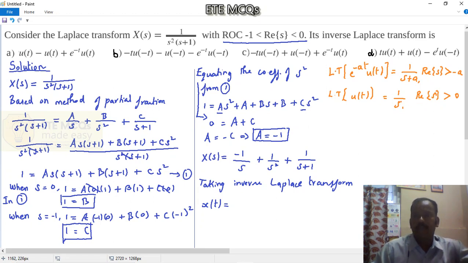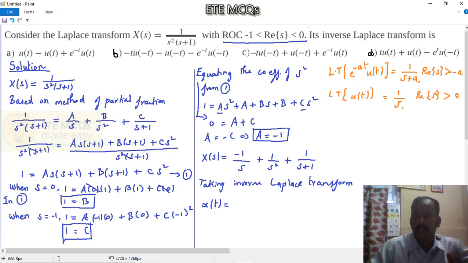In other words, this can also be seen as when you put a equal to 0, you will get u of t. So the Laplace transform of u of t is just 1 by s, and real part of s is greater than 0. The region of convergence is outside 0.